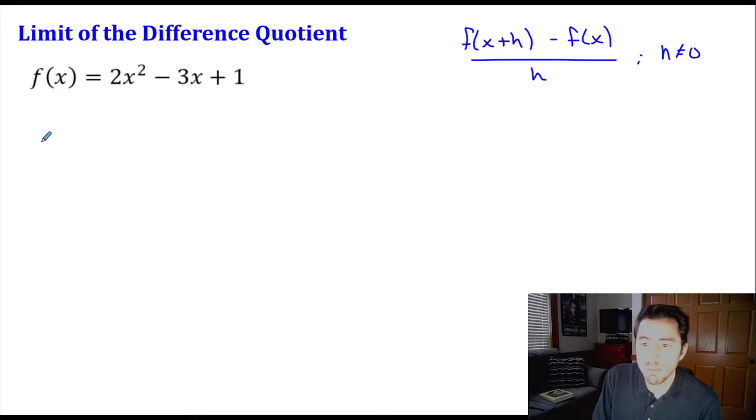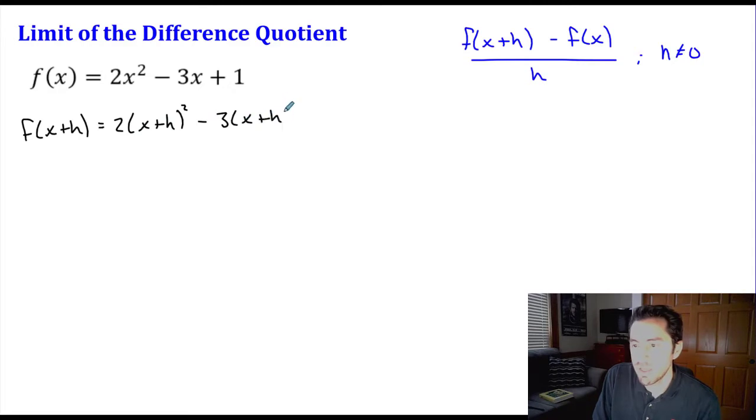So I like to do this in pieces. I'm just going to start off by finding f of x plus h. Wherever we see an x in our function, we'll substitute in x plus h. So we have 2 times x plus h squared minus 3 times x plus h, plus 1. And now let's simplify this as much as we can.